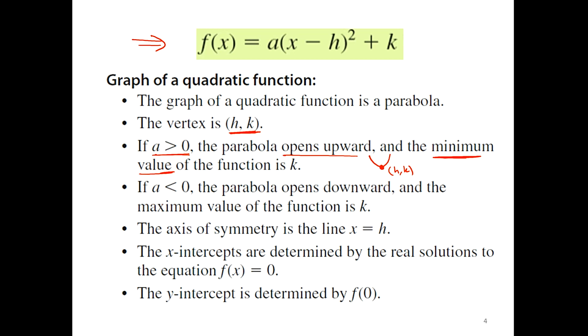If we have a less than 0, negative, we have concave down. And this vertex, is this maximum or minimum? This is the maximum. h and k, this is the maximum.